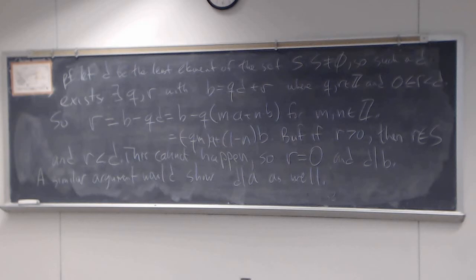But then we can find B is equal to Q2 times R1 plus R2, with R2 less than R1.